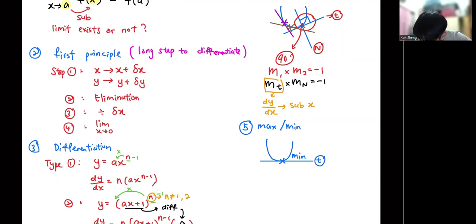This tangent gradient, which is also dy dx, equals 0. So this is your maximum, minimum formula: the differentiation dy dx must be equal to 0, because the tangent line is totally straight, no gradient.